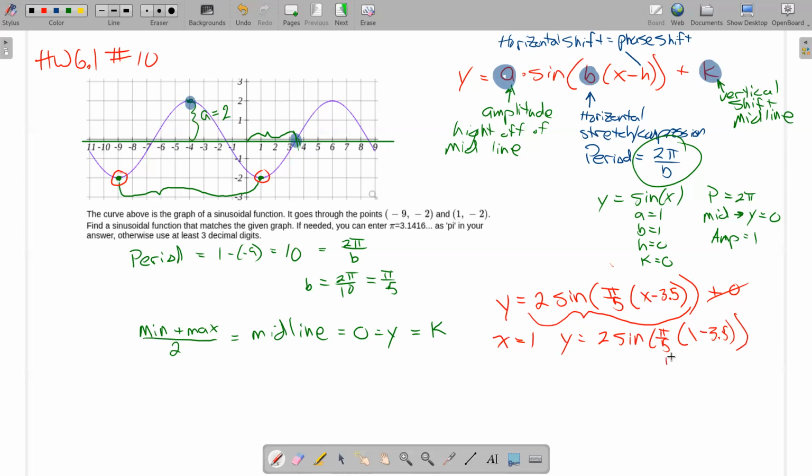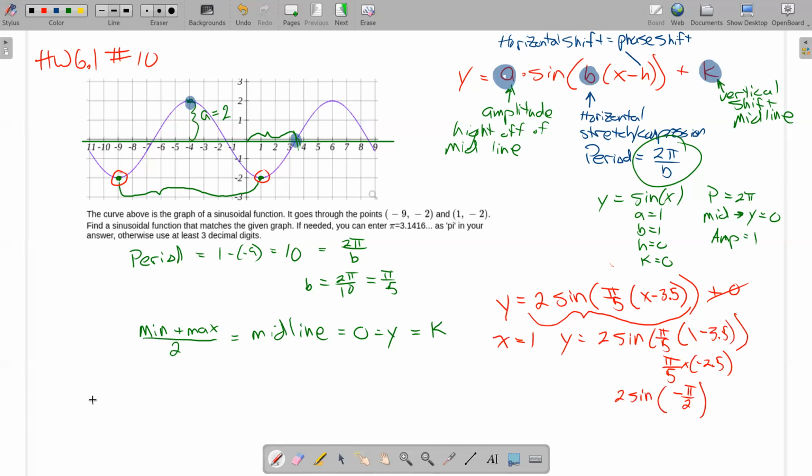So then I would have pi over 5 times -2.5 inside here. And then 2.5 is half of 5. So that would clean up to be -pi over 2. So now I have twice the sine of -pi over 2.